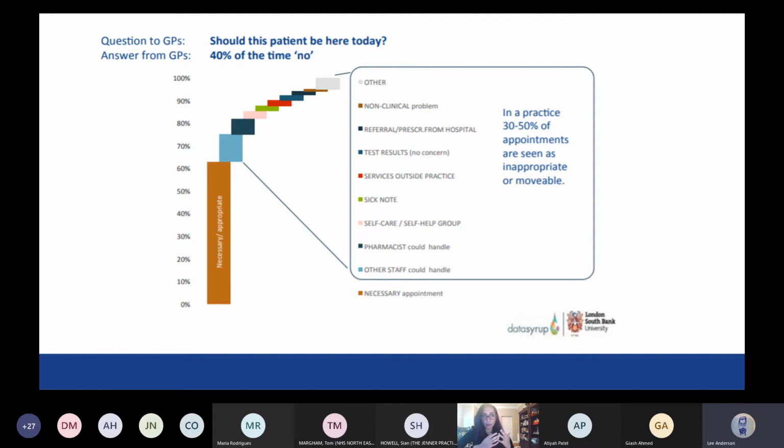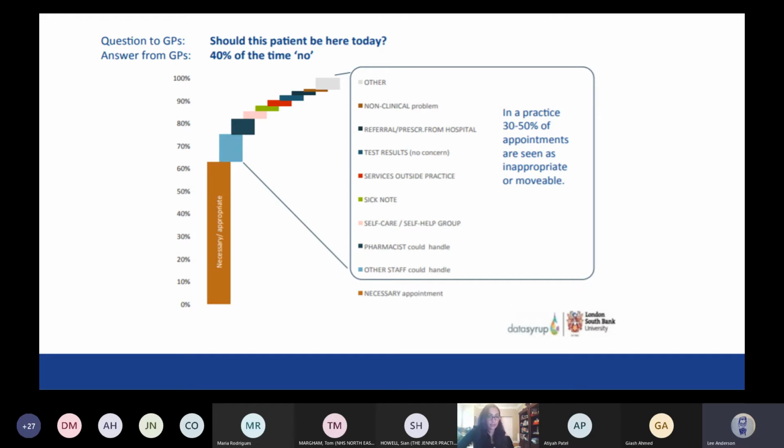And what they found, and what multiple other studies have found, is that as we make access harder, appointments generally become skewed to the frequent attenders. So closing the door or making the door harder to access doesn't necessarily solve our problems when it comes to getting the right work to general practice.